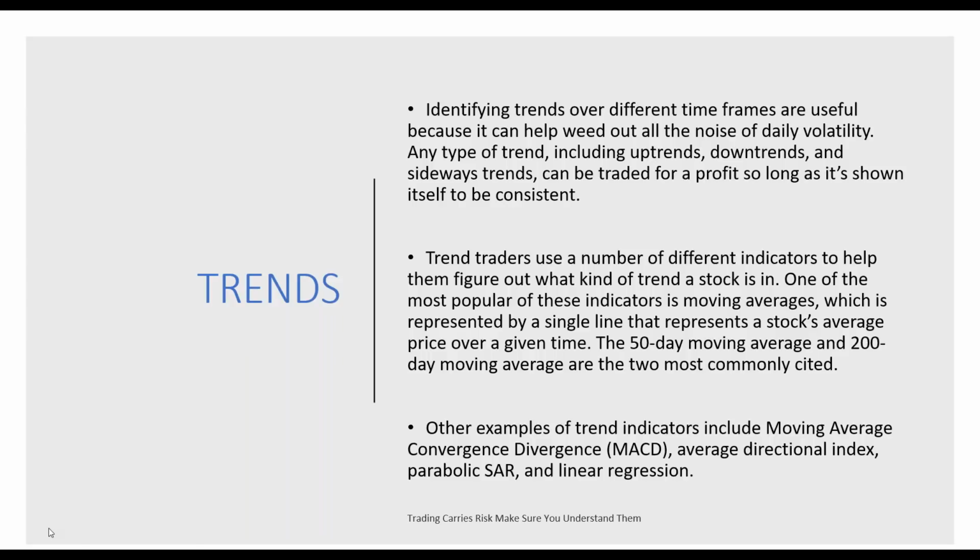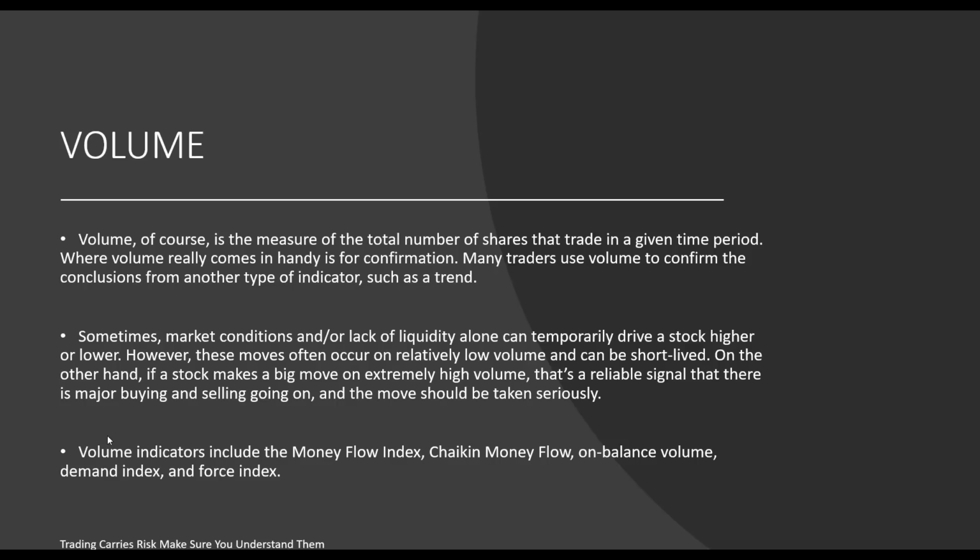The next type of indicator we want to talk about is volume indicators. If you're going to use a trend indicator, there's no sense in using more than one. You can use one to support the other if you wish, if you understand why you're using the two. But volume indicators are also very important because volume tells you how much the traders believe in that movement.